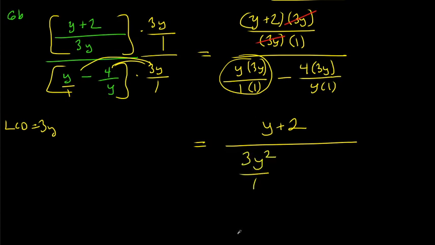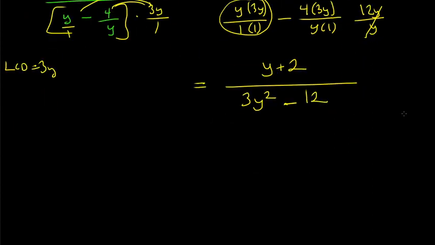Again, we don't need the over 1 at this point. Minus 4 times 3y is 12y over y, but the y's cancel, leaving you with just 12. Okay so far?